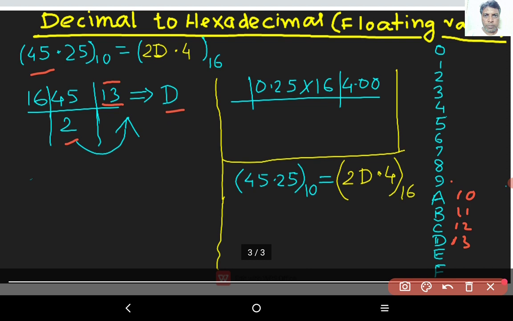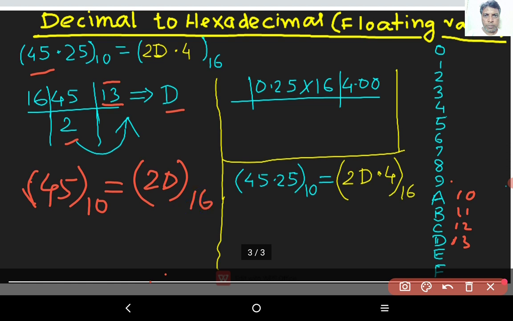So we converted 45, which is in decimal form, into hexadecimal form as 2D.